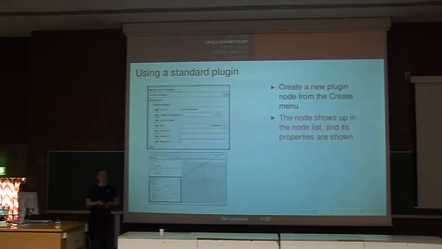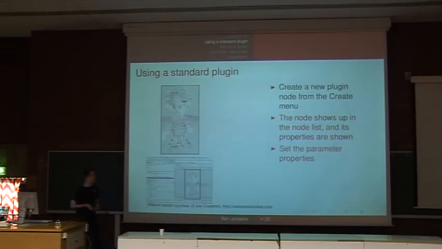Once we have chosen this plugin, we get to see the properties panel, which actually shows all the inputs and parameters for the plugin chosen. Most importantly here, of course, the file name. Once we go on to set the file name, the object gets loaded and is shown in the viewport.